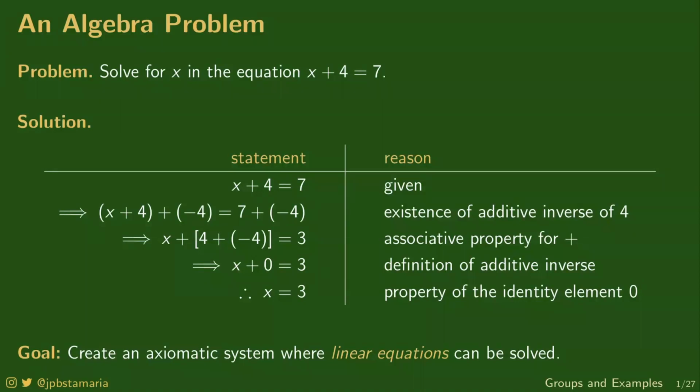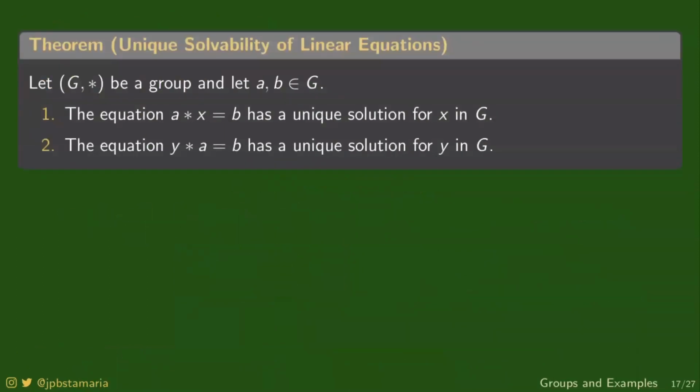And we set the following goal: we would like to create an axiomatic system where linear equations can be solved. Our attempt is to introduce the idea of a group, and we were not mistaken. In fact, this is our goal: in a group, linear equations will always have unique solutions. This is it.